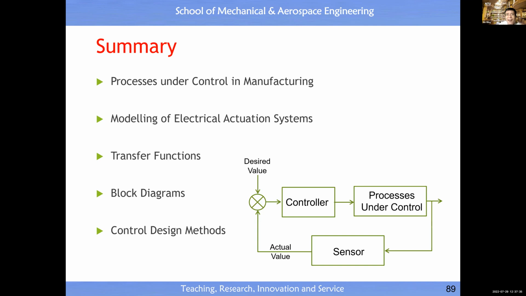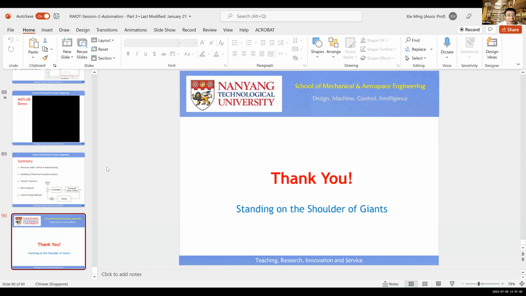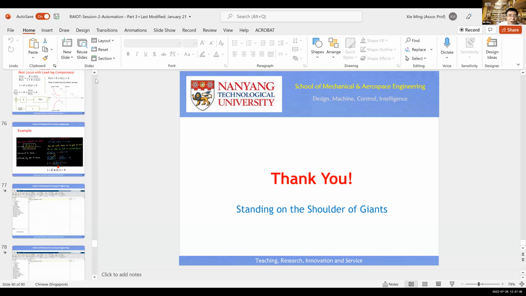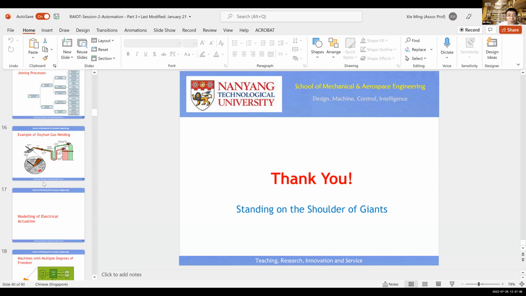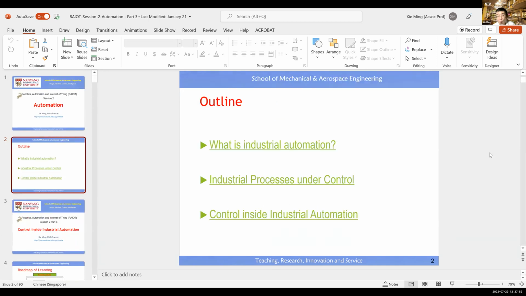By now, we complete the study of section 1. Let's do a quick summary of what you have studied today. You know what a manufacturing system is, what a production system is, what popular processes can be controlled automatically, and what important variables or parameters can be controlled automatically.